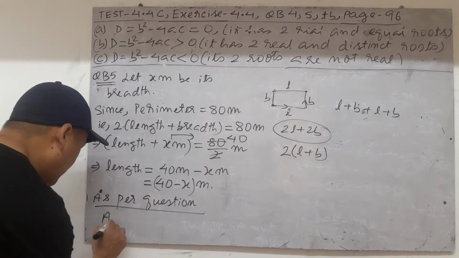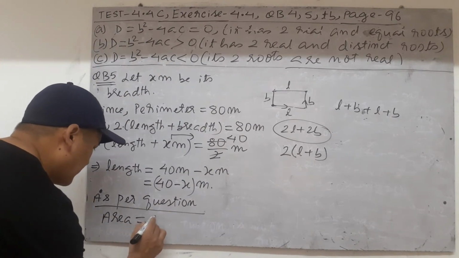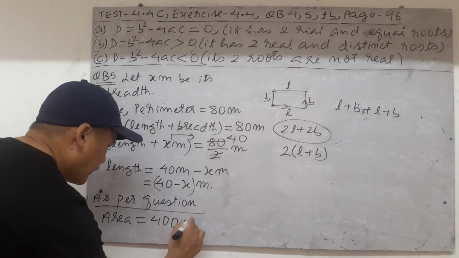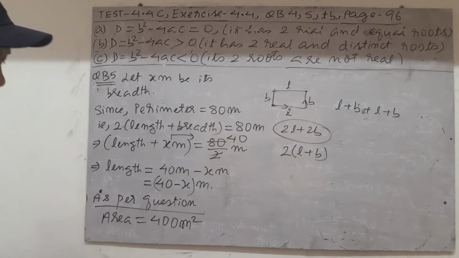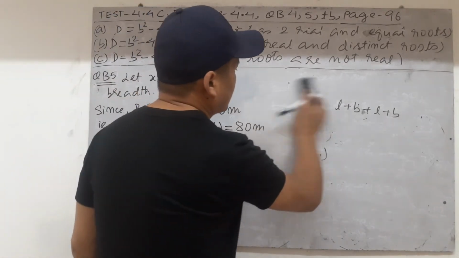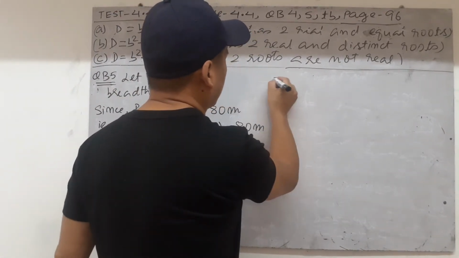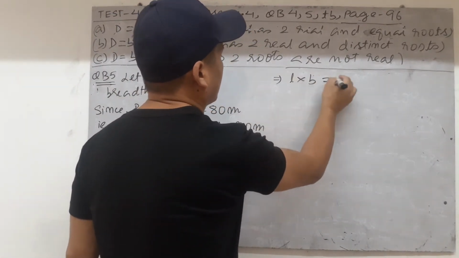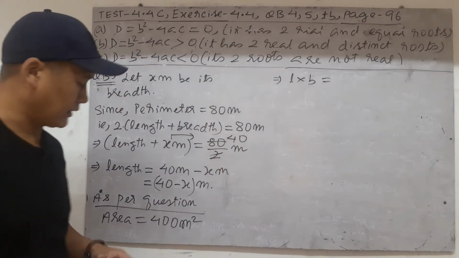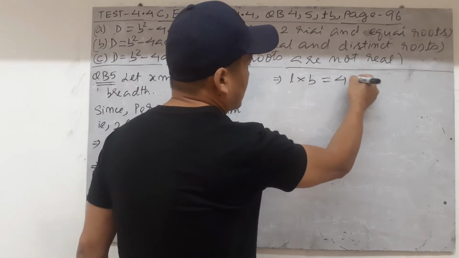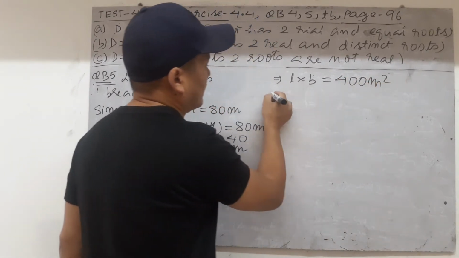So the area of this rectangular park is 400 meters square. Simple common sense, area of any rectangle is given by length into breadth. So we replace the area on the left side by length into breadth, equal to, on the right side we just keep the same 400 meters square.